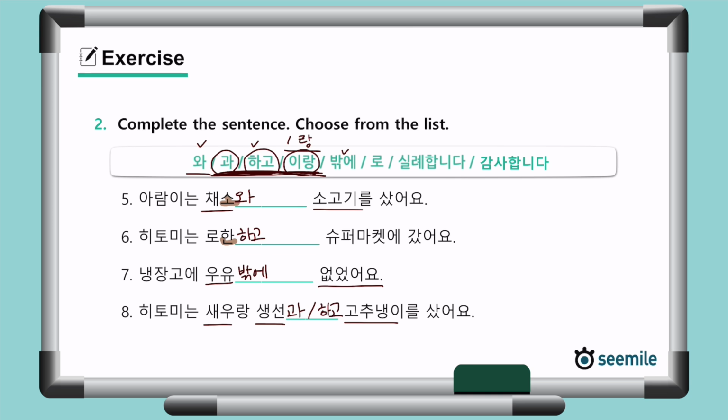But the most natural way native Koreans would say it is by using the same listing particle throughout the sentence. So I'll choose 이랑 as the answer. 히토미는 새우랑 생선이랑 고추냉이를 샀어요.